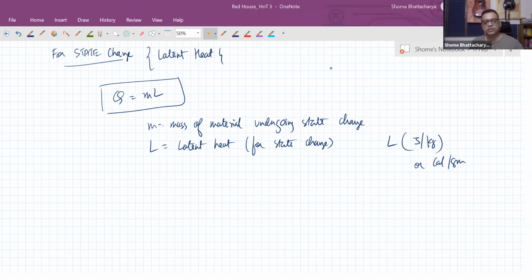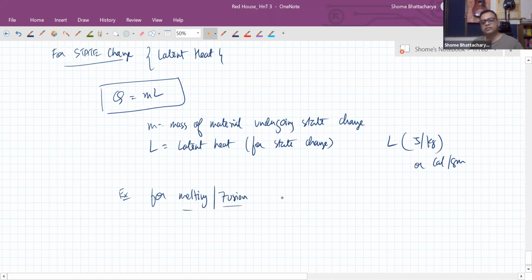Yeah, I'll go back to that. So, for example, for melting or fusion, and the opposite of melting, this is called latent heat of fusion.